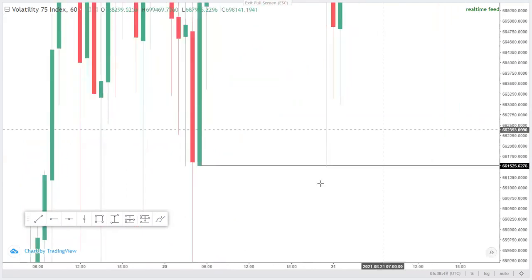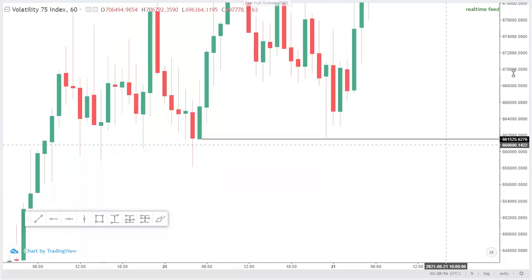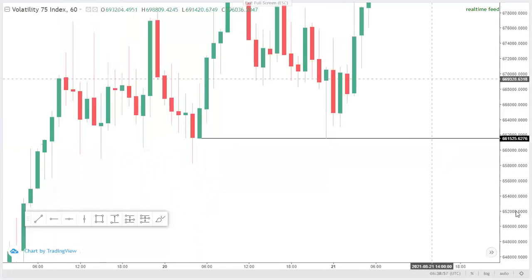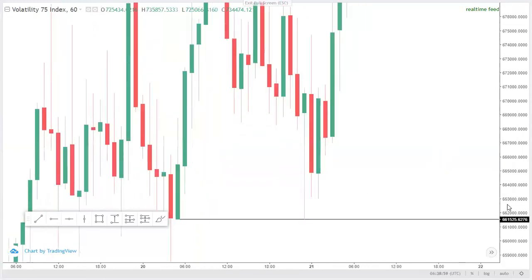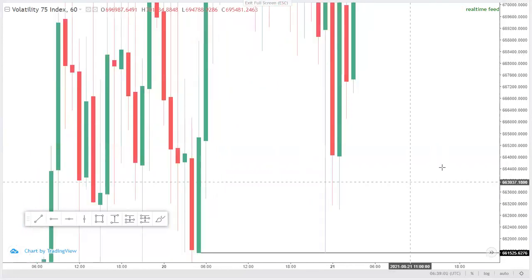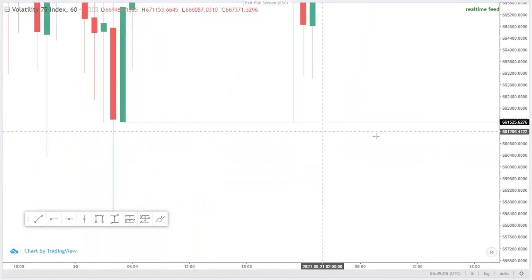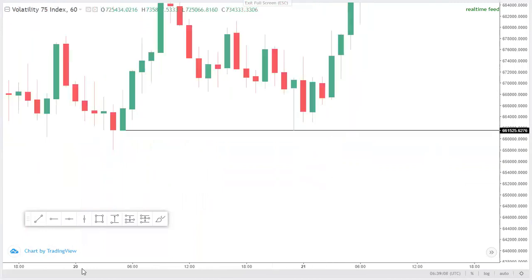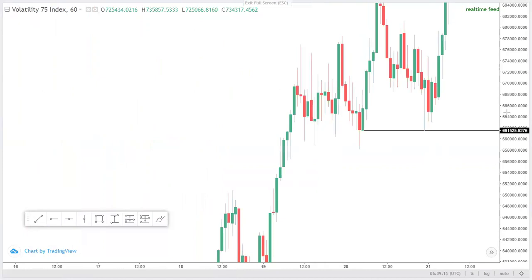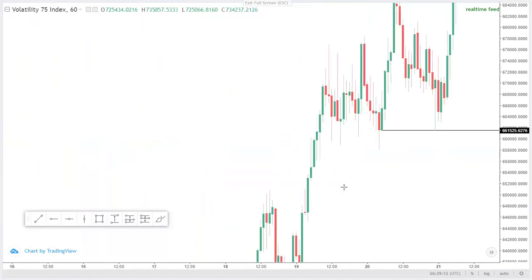Yeah, price came to retest this structure right here. Price came to retest. Do you see? Let me try to zoom. Have you seen the retest? Yeah, I can see it. It retested it. Yeah. So let me try to show you also other examples.